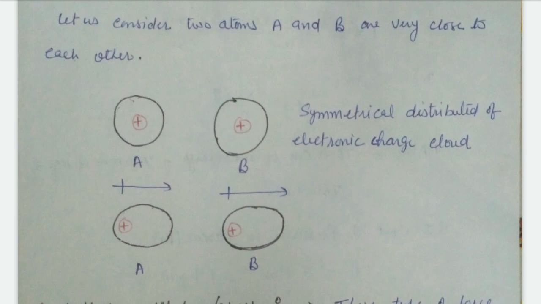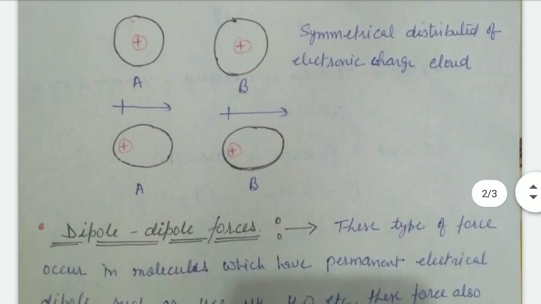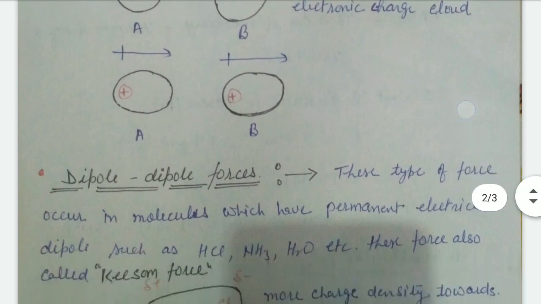When these atoms come close, an induced force arises and the positive charge shifts to one side of the atoms like this, indicated by a positive sign, and the head of the arrow indicates the negative sign, right? These negative and positive charges attract each other and form the dispersion force or London force.